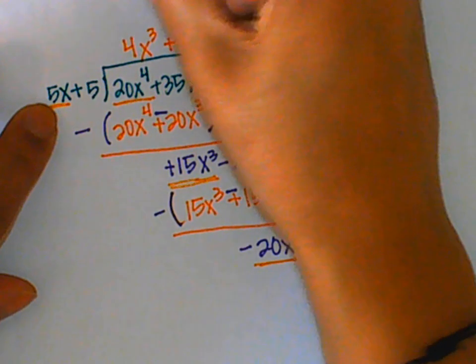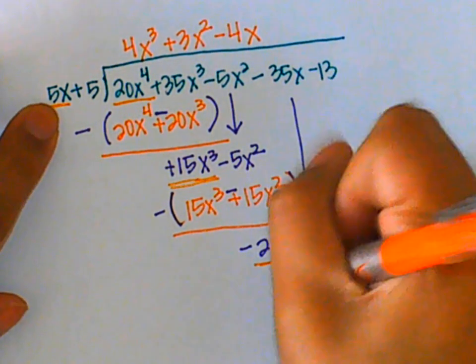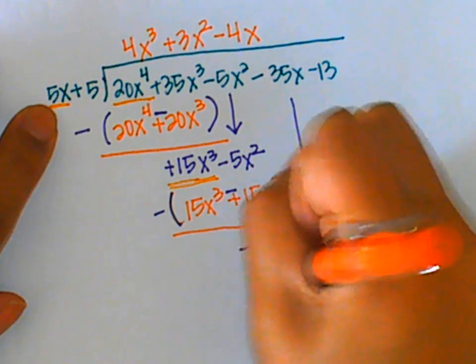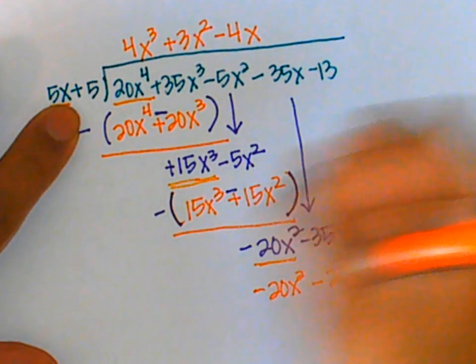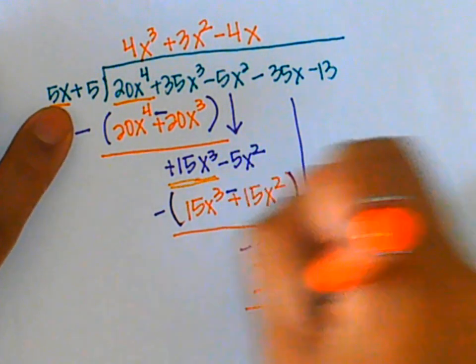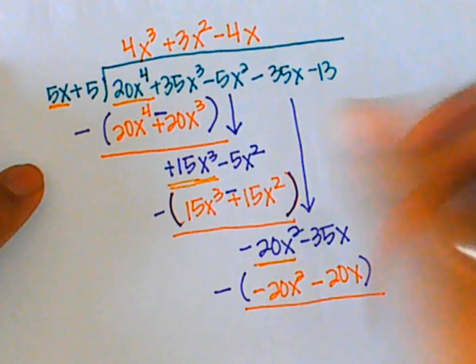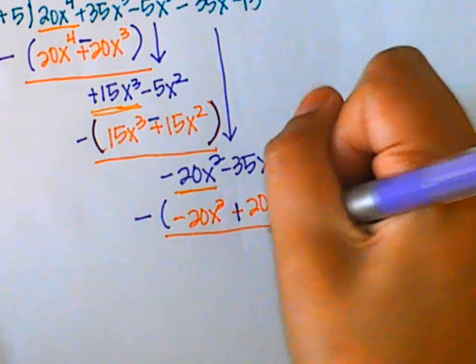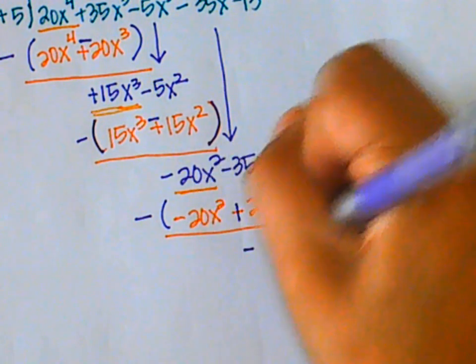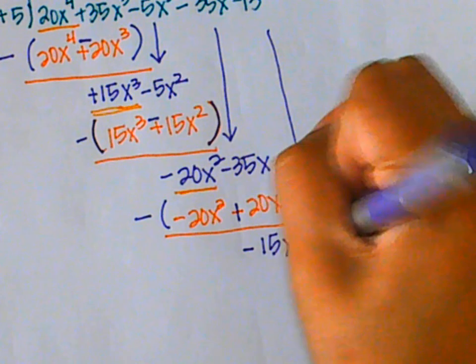So I need a minus 4 and an x, minus 20x. So that would change that one to a plus. And I would be left with negative 15x, negative 13.